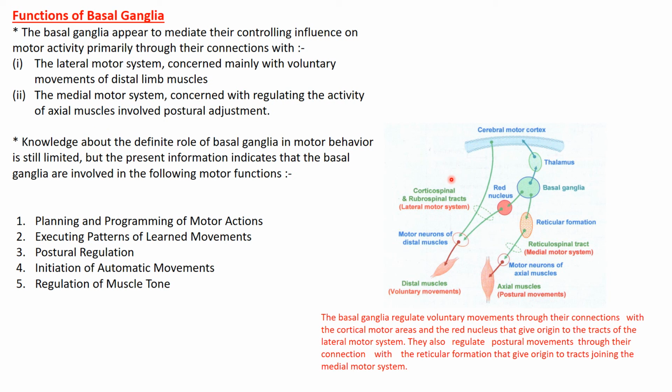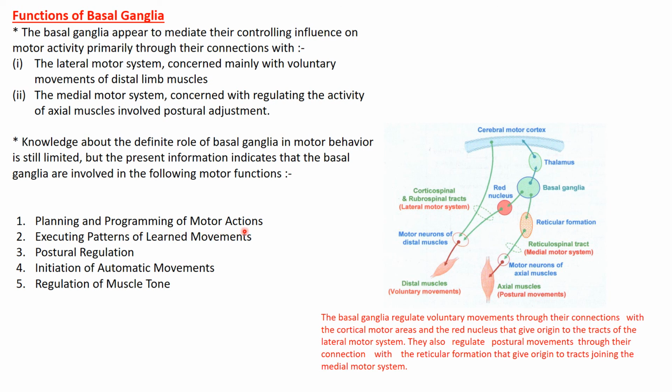And the functions of the basal ganglia include planning and programming of motor actions, executing patterns of learned movements, postural regulation, initiation of automatic movements, and regulation of muscle tone. These are the five main functions of the basal ganglia.